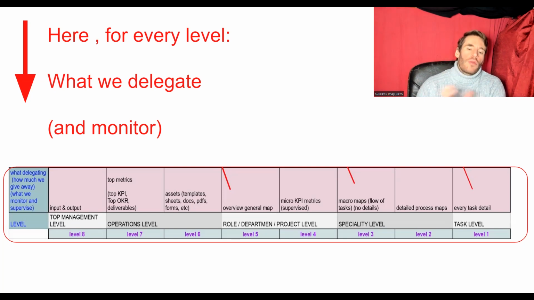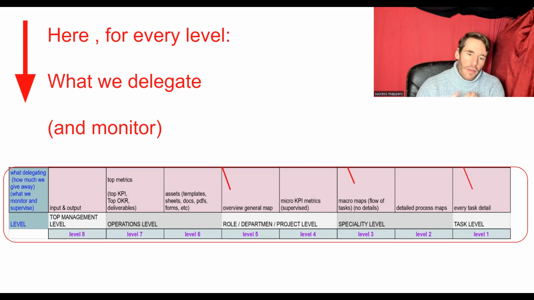If we go to level 2, we remove every task detail. So we remove all the little details about the task. It is not necessary anymore. And also we can forget to manage them because we are basically adding a skill at level 2, that is specialization skill. So we don't need to explain everything, right?